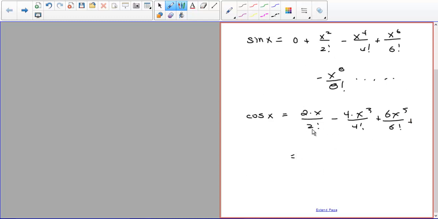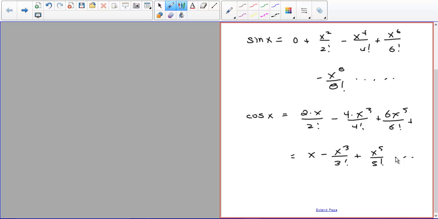If I simplify it, 2 factorial is 2, 2 divided by 2 factorial is 1, so I get x. Here, 4 factorial is 4 times 3 times 2 times 1, so I can cancel out the 4 and the 4 factorial, and what that leaves is 3 factorial. And then the 6 here cancels out with the first term in the factorial there, and I'll get x to the 5th over 5 factorial, etc., etc.